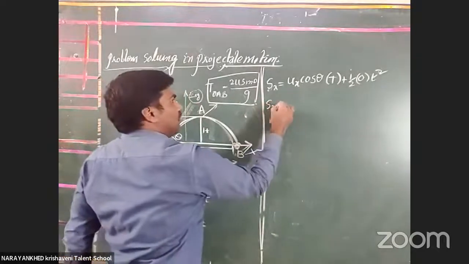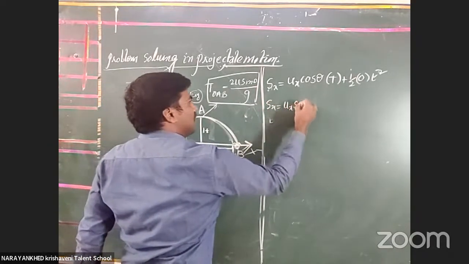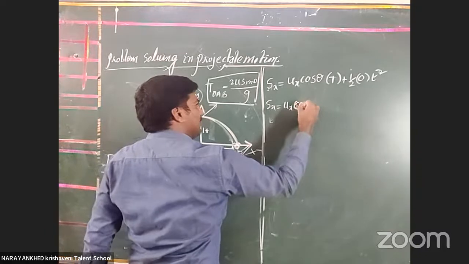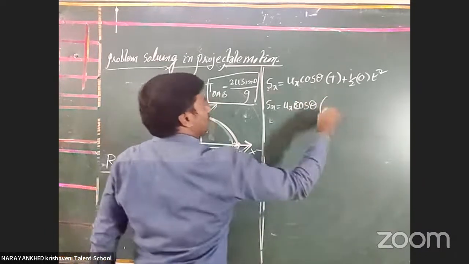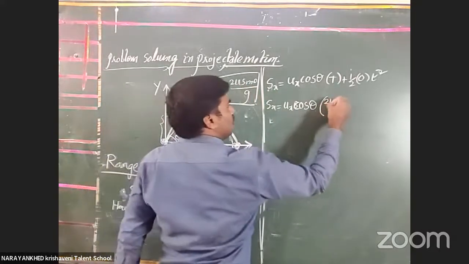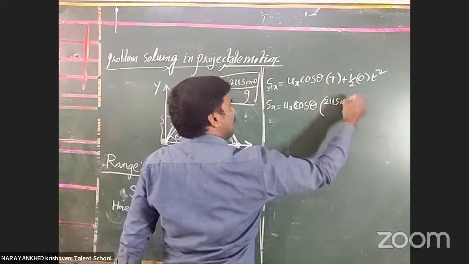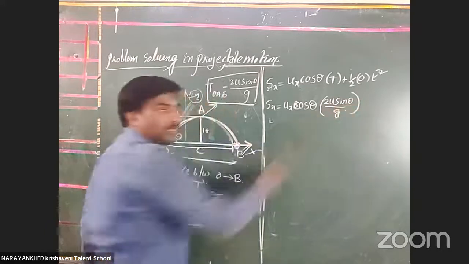Now Sx is equal to ux cos theta, that is u cos theta, into 2u sin theta by g. Got it or not?